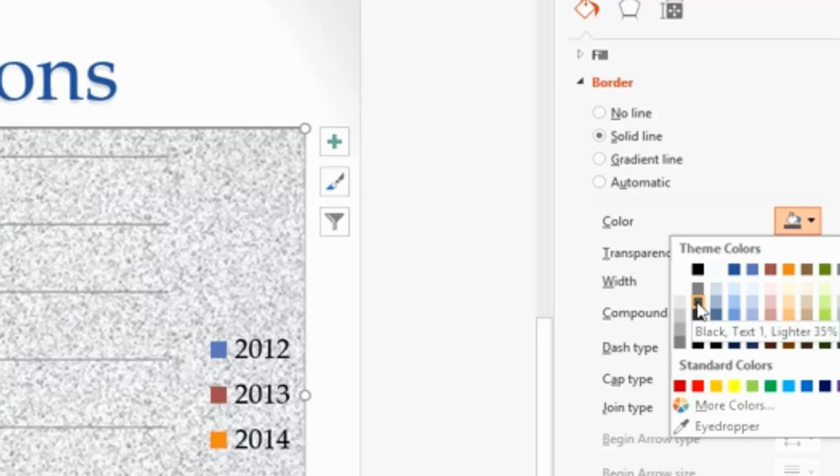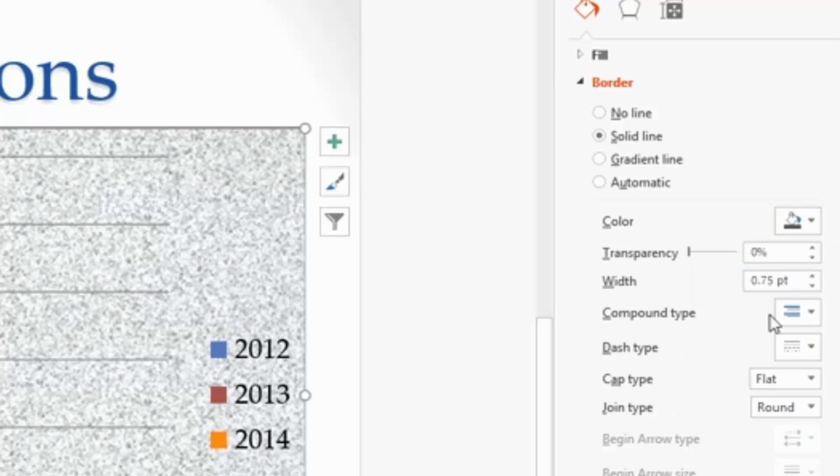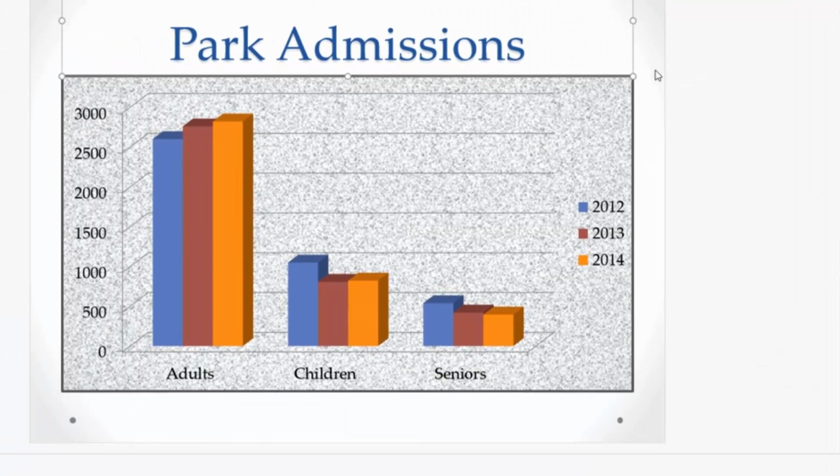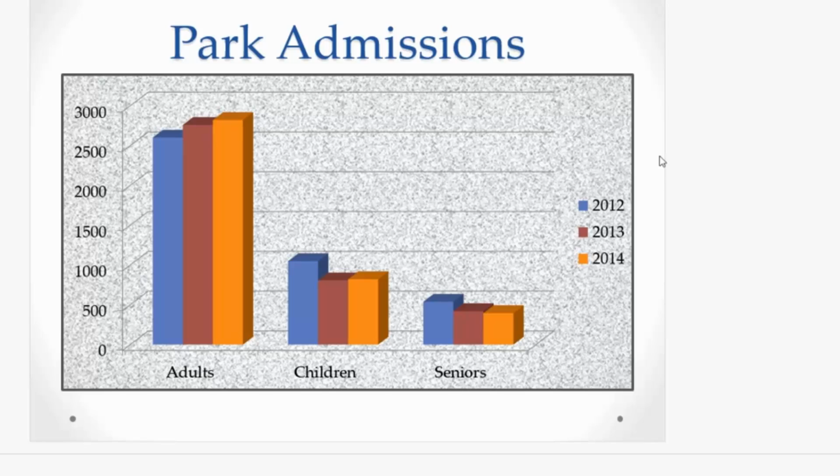Okay, so we'll choose this color here, Black, Text 1, Lighter 35%, and we'll increase the border width, make it thicker to 3 points, and then close it. And if you click outside of the chart, you can see how thick that border is. So it looks nice, and that's how you would change the fill colors of the background of the chart and also the border.